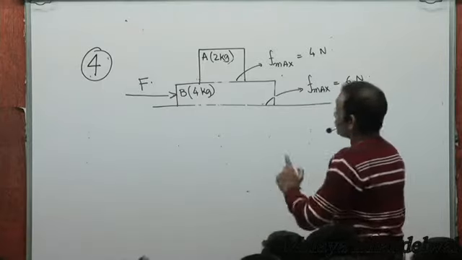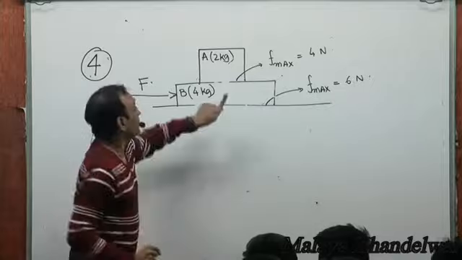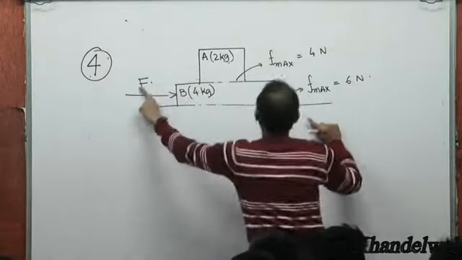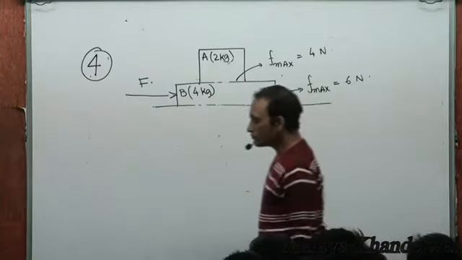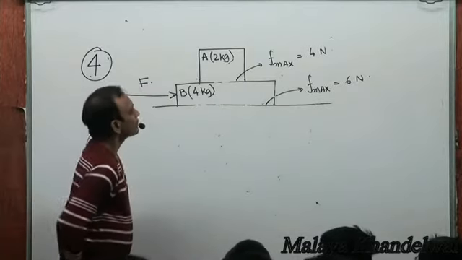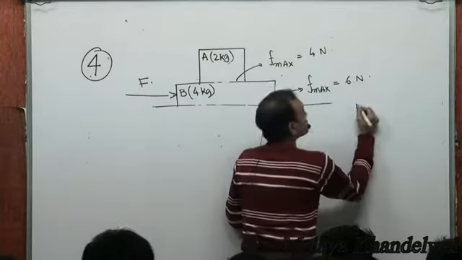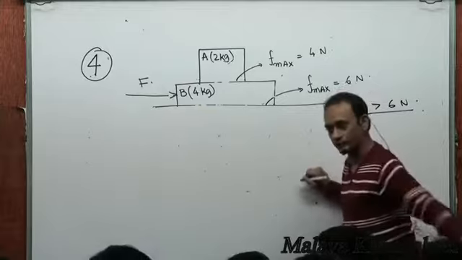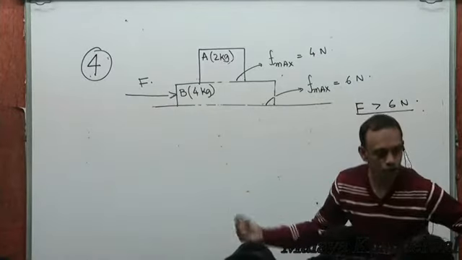Now, A is driven by friction alone. B will exert on A a frictional force to the right, subsequent to capital F being larger than 6 newtons. So we will talk of the regime F greater than 6 newtons only, because up to 6 newtons there would be no activity of any sort.